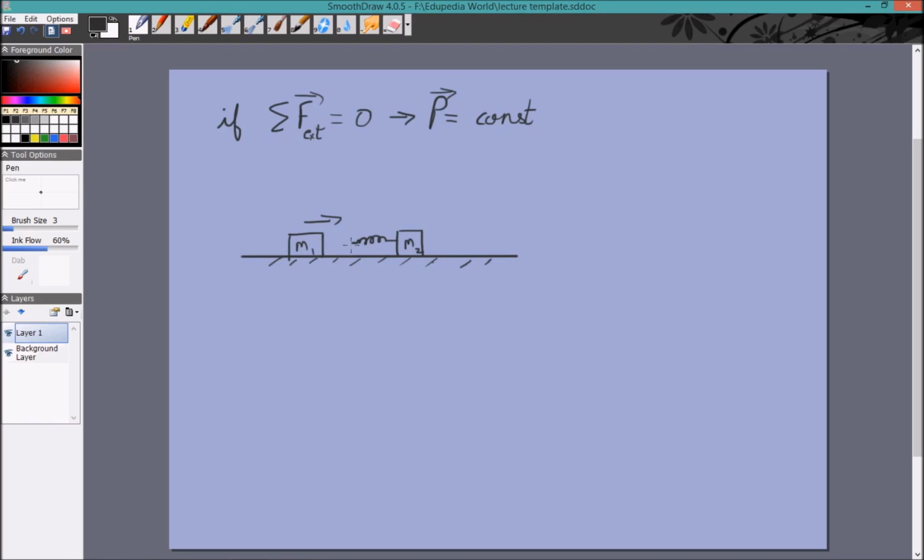Once it touches the spring, the next instant it will move a little bit more to the right, so the spring will be compressed. Since the spring is compressed, it will apply forces to get back to its natural length. That is, it will apply a force on m2 towards the right and a force on m1 towards the left. That means m2 will start accelerating and m1 will start decelerating, right?